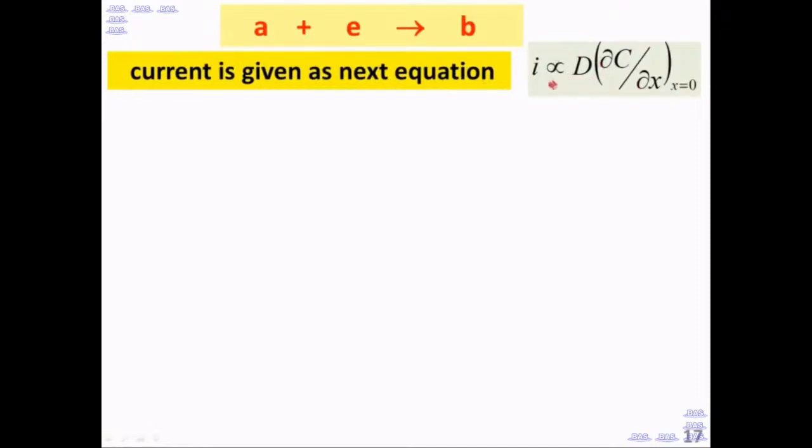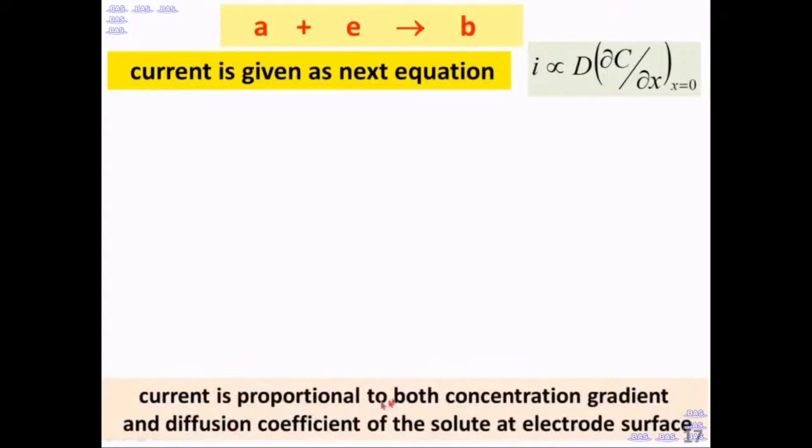Current is proportional to both the concentration gradient and the diffusion coefficient of the solute at the electrode surface. Remember that the electrode surface is an important point.